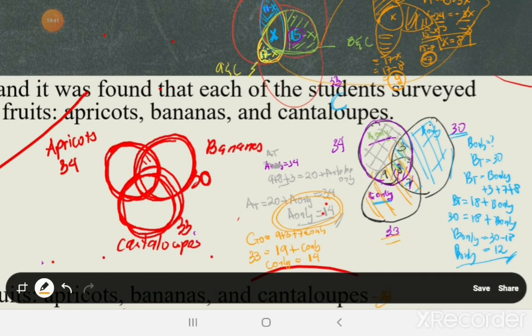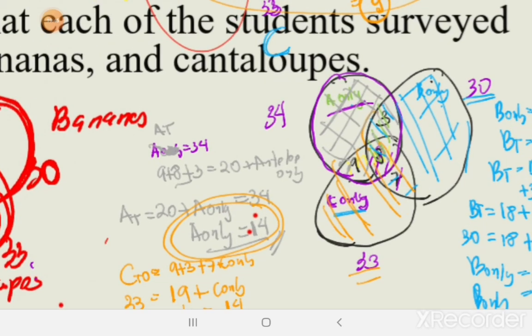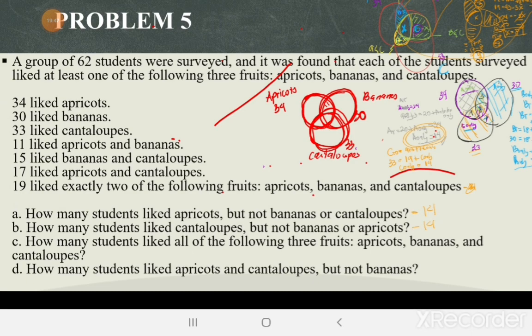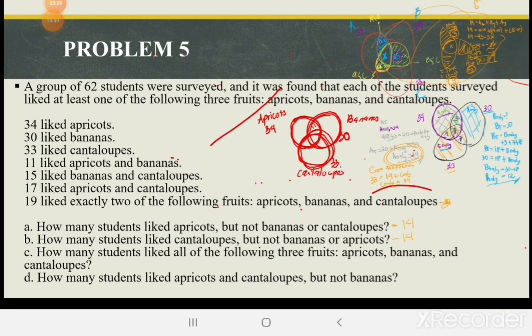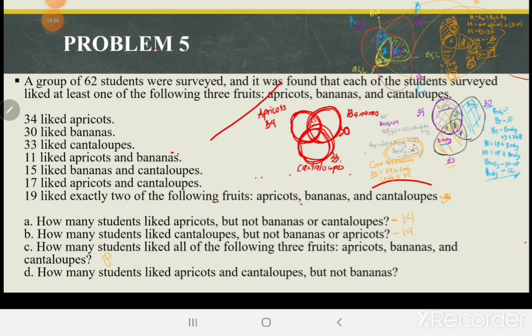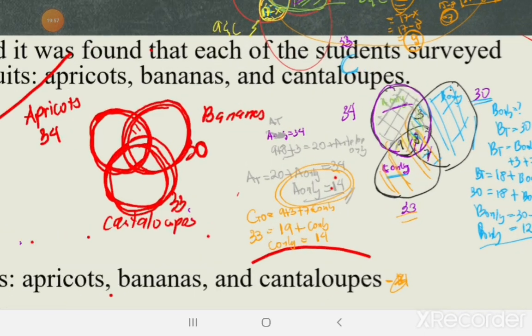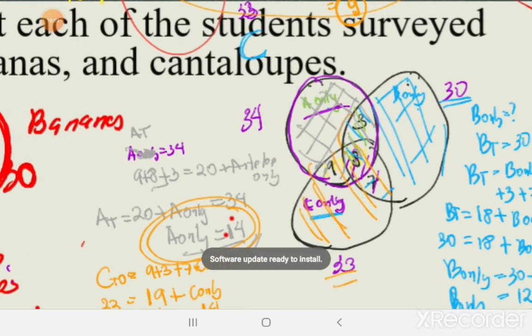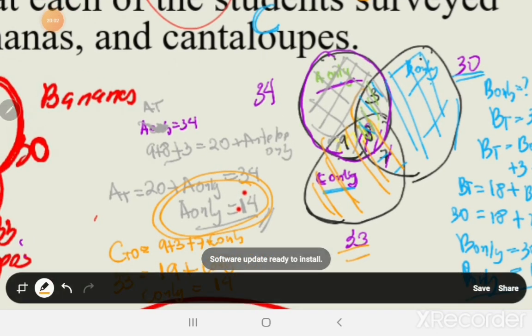So those students who like all of your A and B and C is this. Right? We indicated it is 8. How many students like apricots and cantaloupes but not bananas? Antelopes and cantaloupes only. So there are nine. Okay? Just 9.